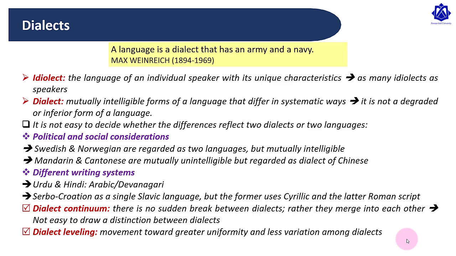And it is not the case that you suddenly go from one dialect to a new dialect and from a dialect into a language. It's not easy to draw a distinction between dialects as you are moving from one village, from one city to another city and village.